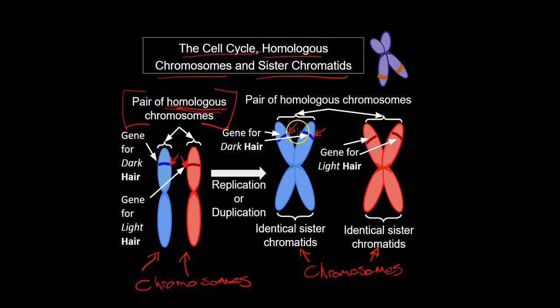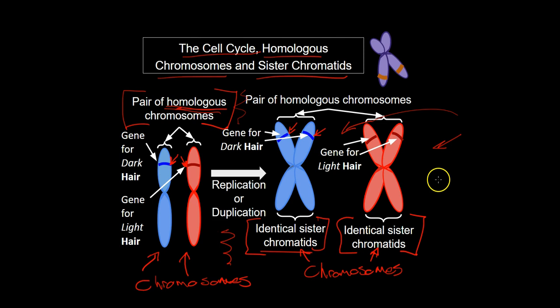Now notice that's been coded twice, so you've got a duplicate of that information. This chromosome on the left has identical sister chromatids here, as does the chromosome on the right. Over here you could say you have a gene for dark hair. On the right you would say you have a gene for light hair, but they are both coding for the same things.